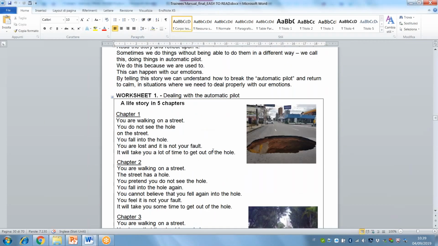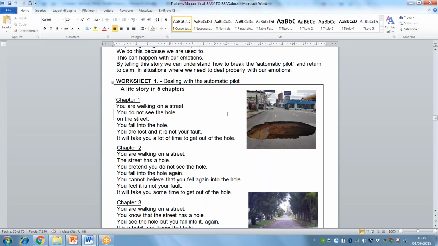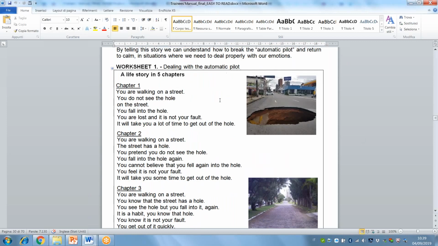The title of the story is The Hole in the Street, dealing with the automatic pilot. The story is composed of 2 chapters.